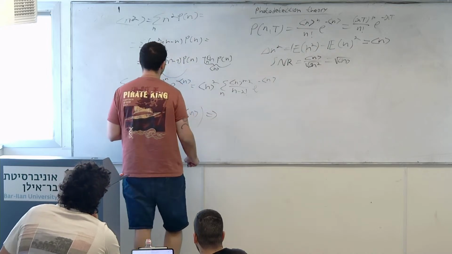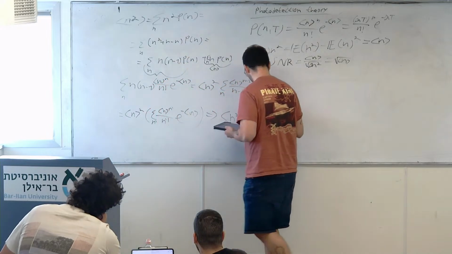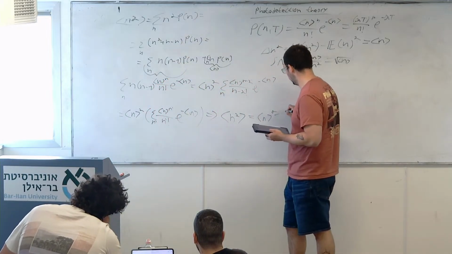Overall, you get n squared equal average n squared plus average n.